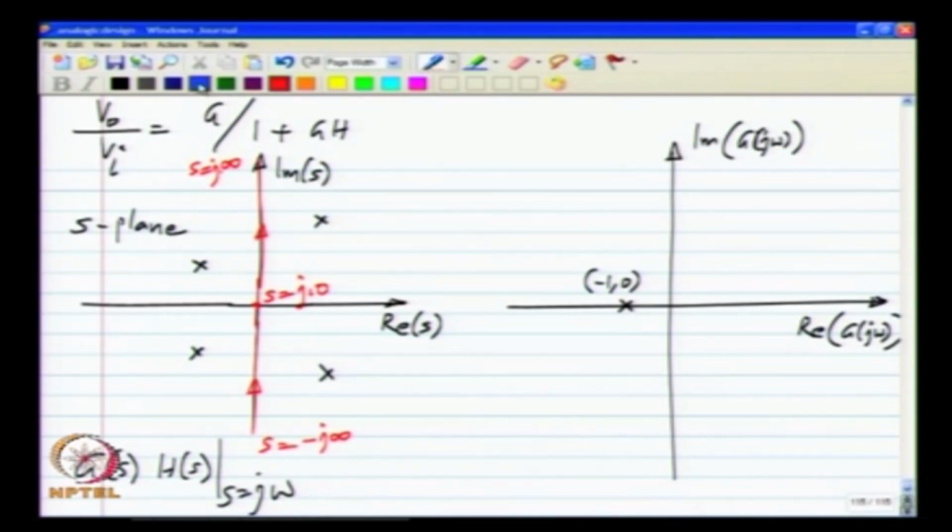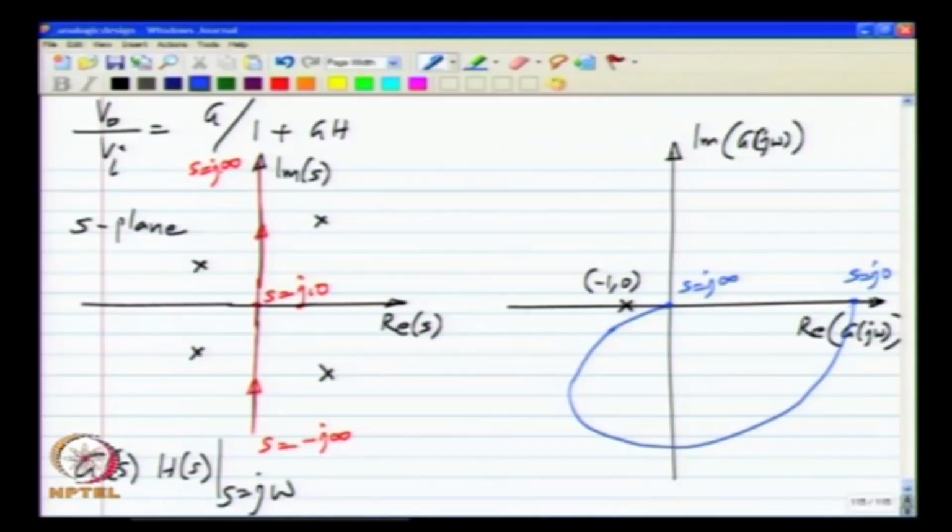And we of course are not taking a specific function now. So, I will draw something arbitrary. Okay. So, let us say this corresponds to S equals j 0, okay, and then the plot in general will do something like this, okay, and I will assume that for S equals j infinity it goes to 0, and this is typically the case also because all real systems will have some band limiting.